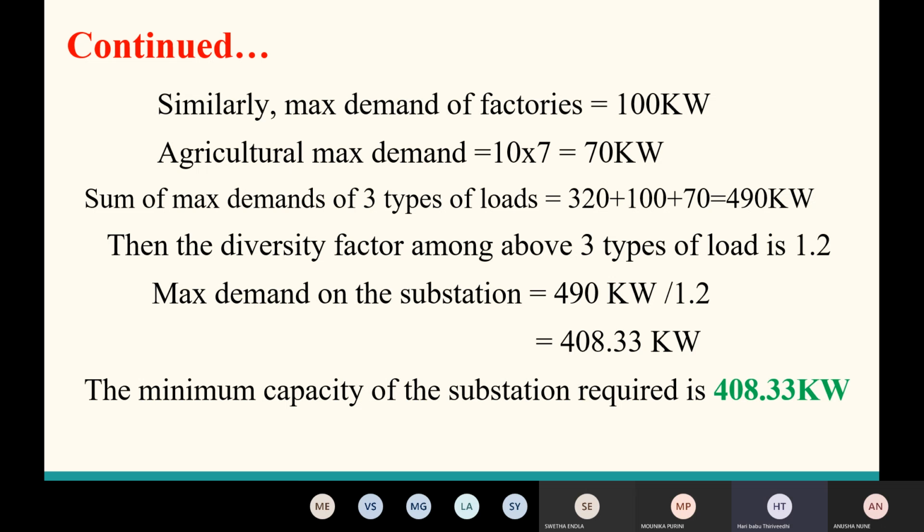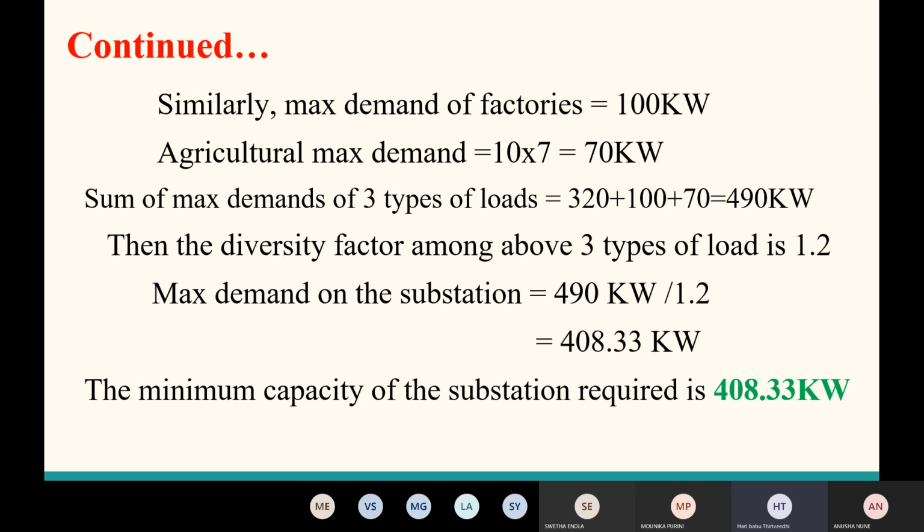Agriculture maximum demand, that is the borewell maximum demand: 7 bore wells, each 10 kilowatt, so maximum demand 10 into 7, 70 kilowatts. So we first find the individual maximum demands for the houses, factories, then bore wells. Now, to determine the sum of maximum demands of the 3 types of loads: 320 plus 100 plus 70 is 490 kilowatts.